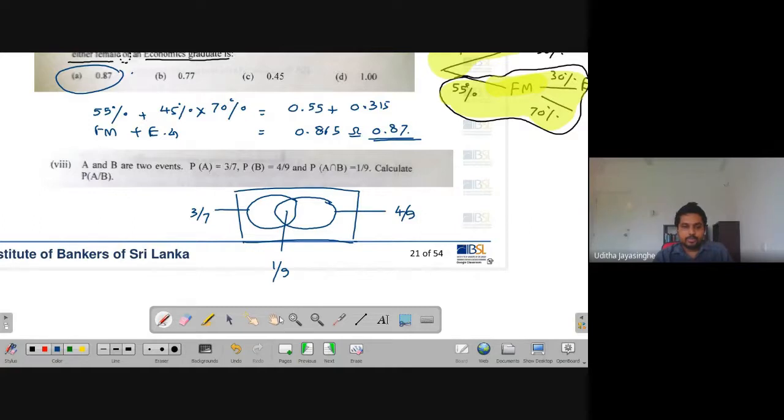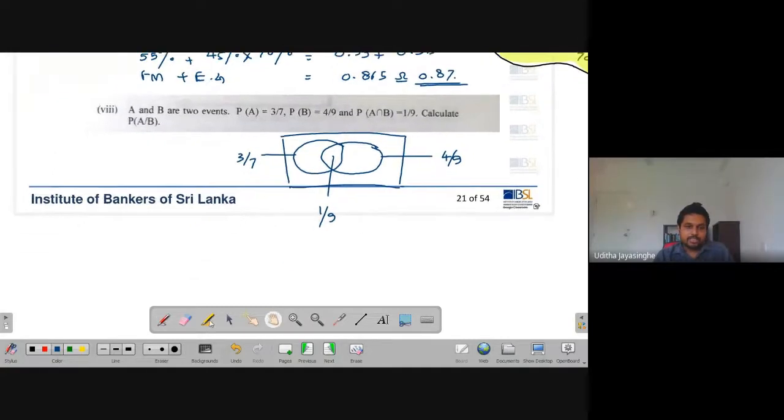So what's the question being asked? Calculate P(A given B). We know in such instances, we can easily write P(A intersection B) divided by P(B). What is in the bottom comes to the bottom.